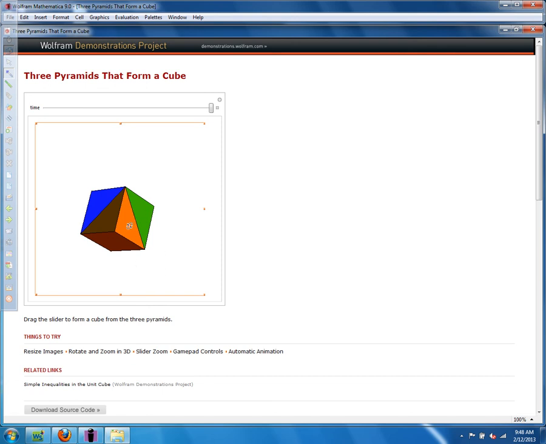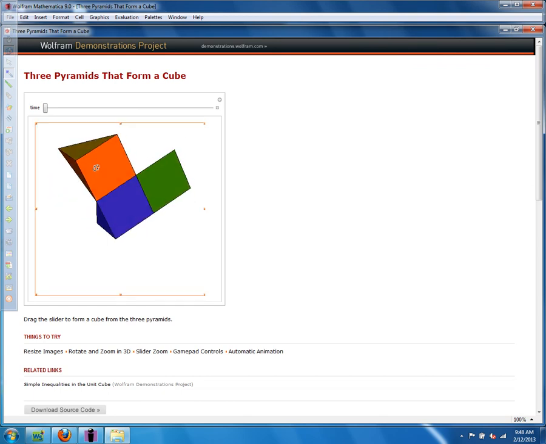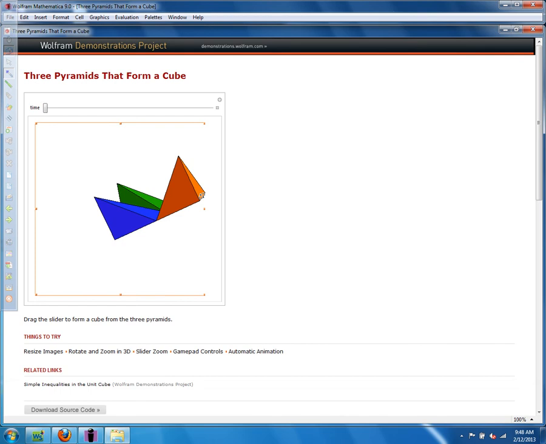Now I'm going to open these up. I'm going to unfold this. If I unfold this, I end up with 3 identical pyramids. The area of the base is the same as the area of the base of the prism. The height is the same as the height of the prism.